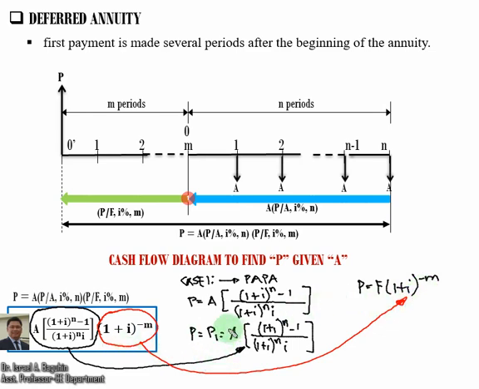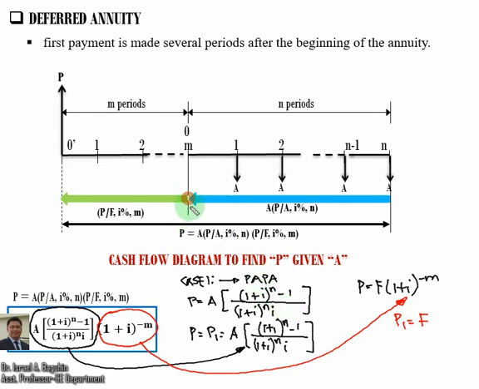So what's the implication of this? It simply means that the value of your P1 here, from these n periods considering the annuity, is equal to the future worth during these periods.